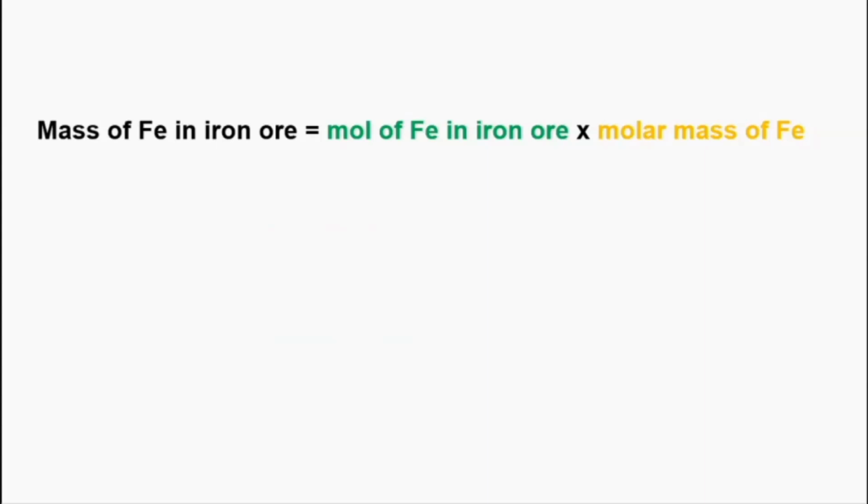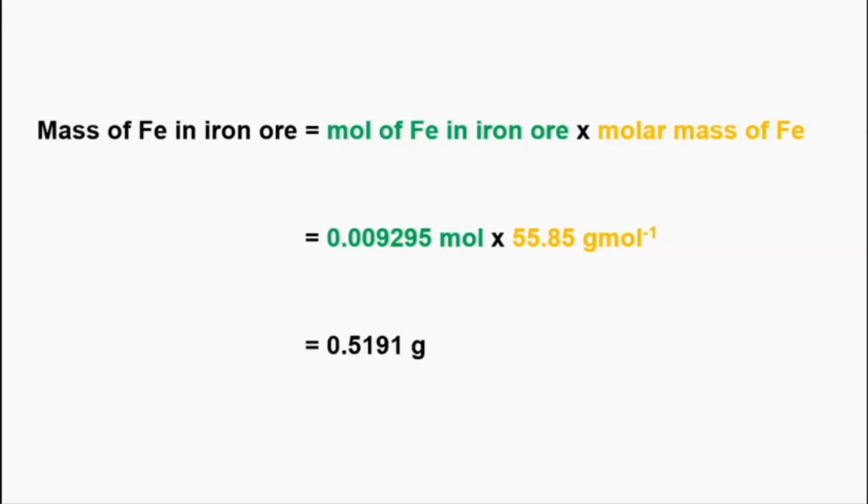The mass of iron in iron ore equals moles of iron in iron ore times the molar mass of iron. So 0.009295 mole of iron times its molar mass, and we get 0.5191 grams of iron in the iron ore.